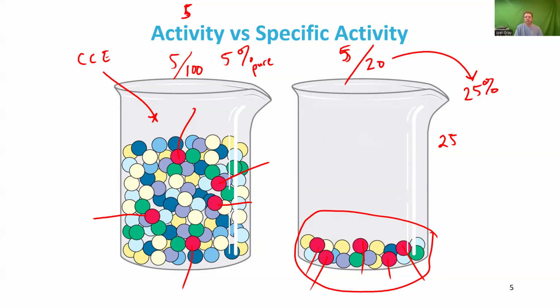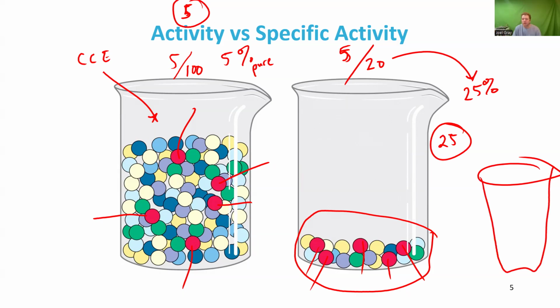Now, both of these numbers, my specific activity of 5 and 25, my specific activity has gone up. What has happened to the total amount of protein in my beakers? Well, that's gone down. I want to give you another example that illustrates, if your purification was perfect, what you would have is 1, 2, 3, 4, 5 red marbles, and that's it.